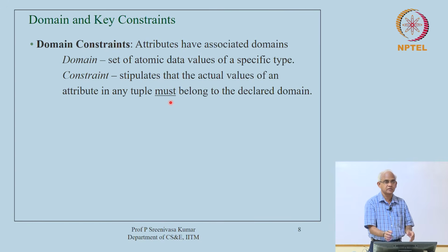And then you see that somebody entered a 12 digit number there, then it is a violation of the constraint, right. So whatever is the declared domain, the values must belong to that declared domain. So, we term this a domain constraint.